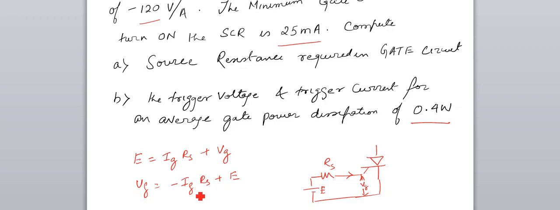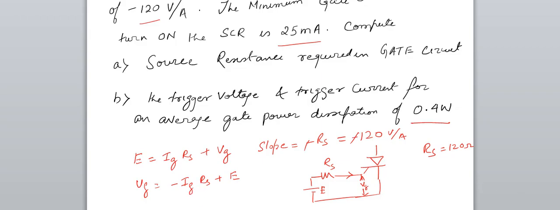This is a negative slope, that is, the slope of the line is minus Rs, right? And in the figure, the slope is given as minus 120 volt per ampere. So the Rs which you require is 120 ohm.